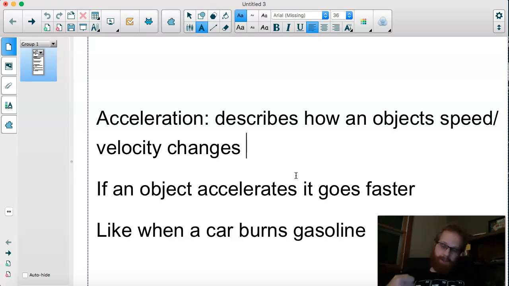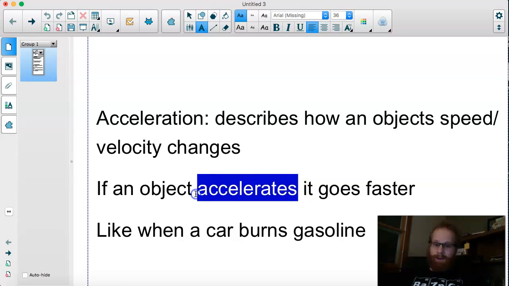Chugga, chugga, chugga, chugga. As that train starts to speed up, it's accelerating. And those are some clue words that can clue us into the fact that an object is accelerating. If you ever see something like the word faster, or speed going up, or speed increasing, those are clues that an object is accelerating.